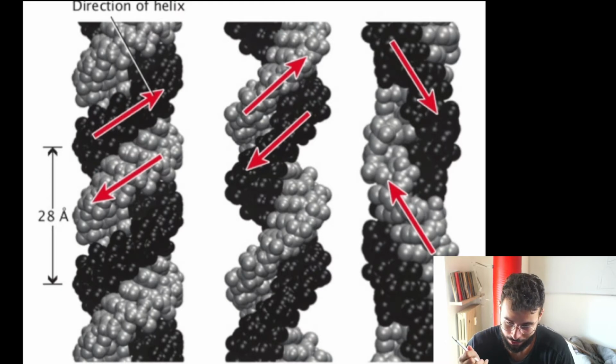An interesting fact I would like to add is that inside each cell we have multiple long DNA molecules.